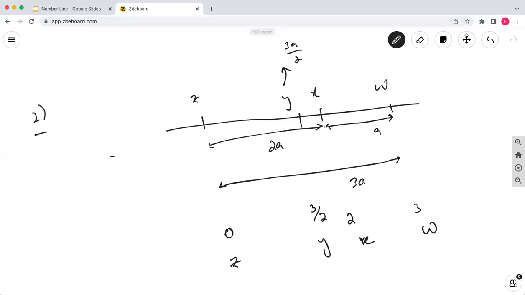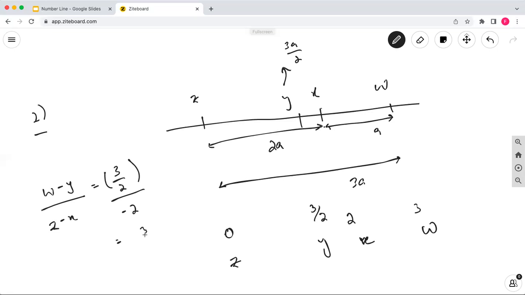Now the question said W minus Y over Z minus X. So what is W minus Y? That is 3/2, 1.5. And what is Z minus X? That is -2, right?